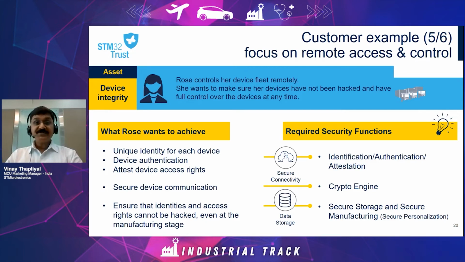So some of the security functions she would need are secured connectivity, like identification, authentication, attestation, crypto engine, secure data storage, and secured manufacturing, which can also include secure personalization.